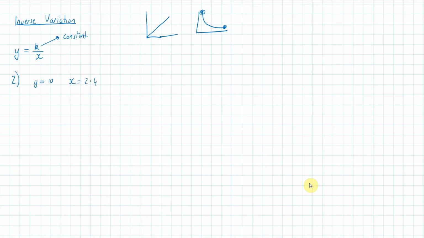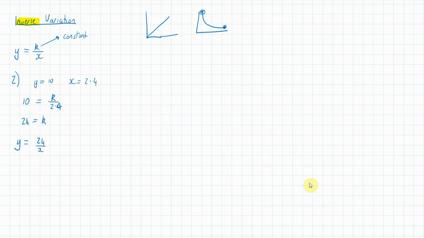We set up our equation: 10 is equal to k over 2.4. The reason I know it's k over 2.4 is because the question says varies inversely. So look out for the word inverse or inversely, and that's when you're going to use this formula. If I multiply 10 by 2.4, I get 24. So 24 is k, and my equation is y is equal to 24 over x.